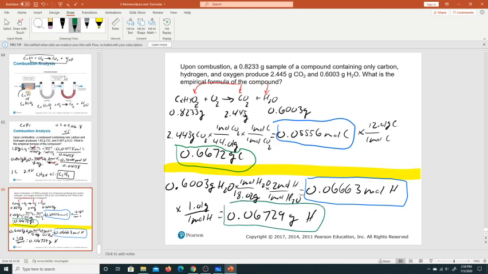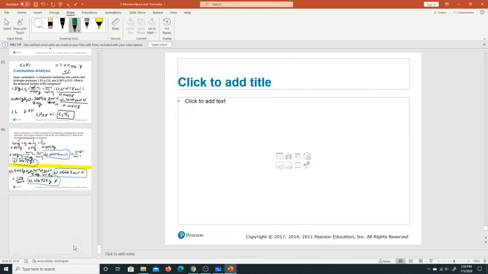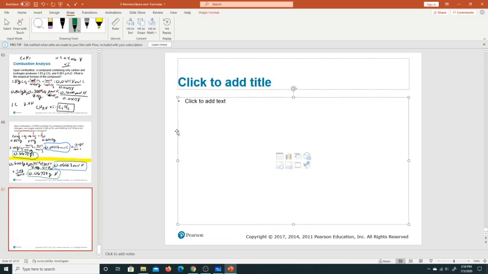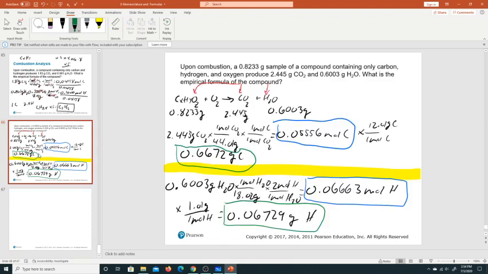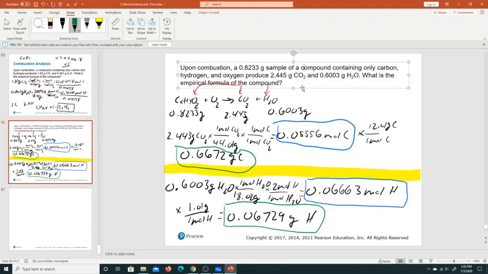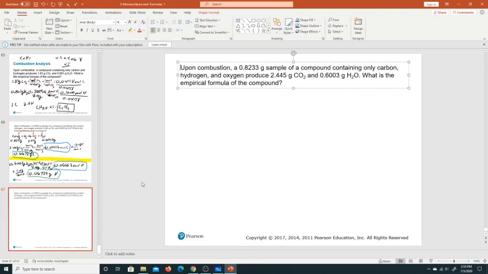Now, on another page. You can see this problem is a bit longer than the prior one, just because of the extra math we had to do. Alright, so let me recopy this down, just to have this part again. Control C, Control V, and there we go.